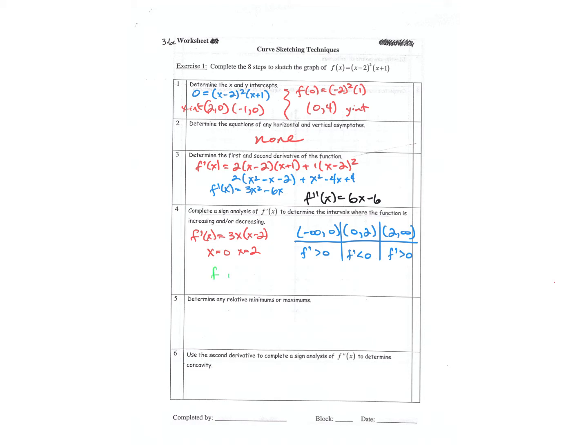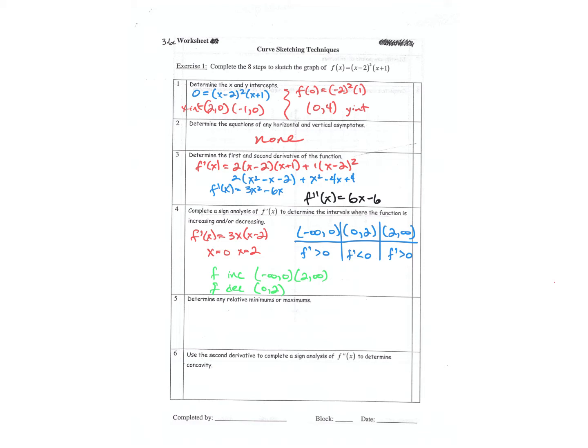When is f increasing? Negative infinity to 0 and 2 to infinity. When is f decreasing? 0 to 2. Now, if it said justify my answer, what would be my justification? Because f prime is positive and because f prime is negative. All right, good.